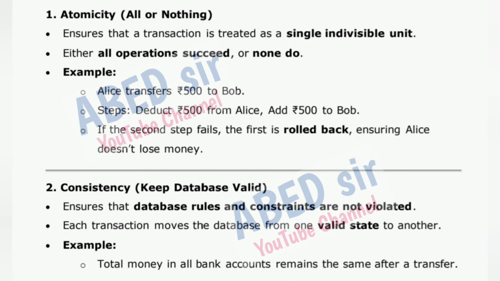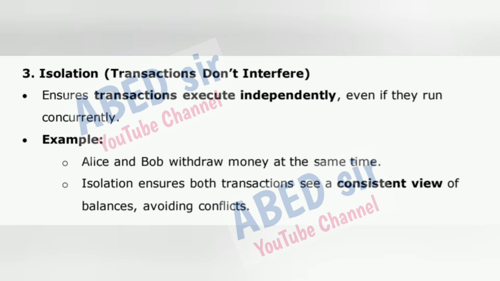2. Consistency, keep database valid. Ensures that database rules and constraints are not violated. Each transaction moves the database from one valid state to another. Example: total money in all bank accounts remains the same after a transfer. 3.